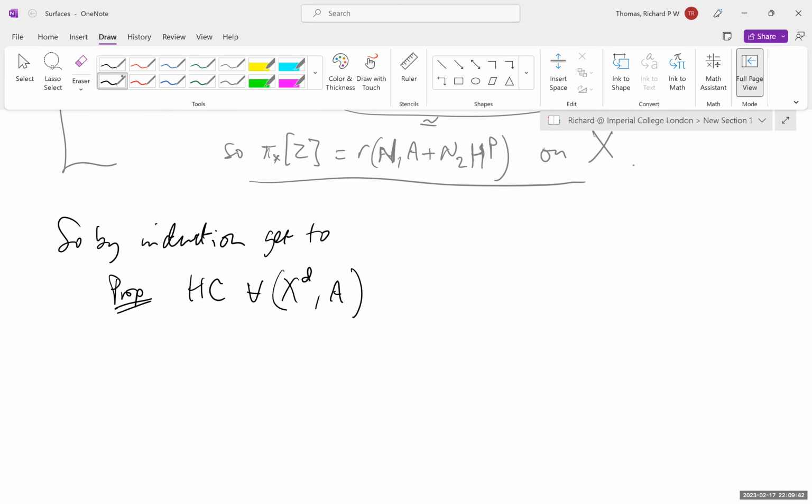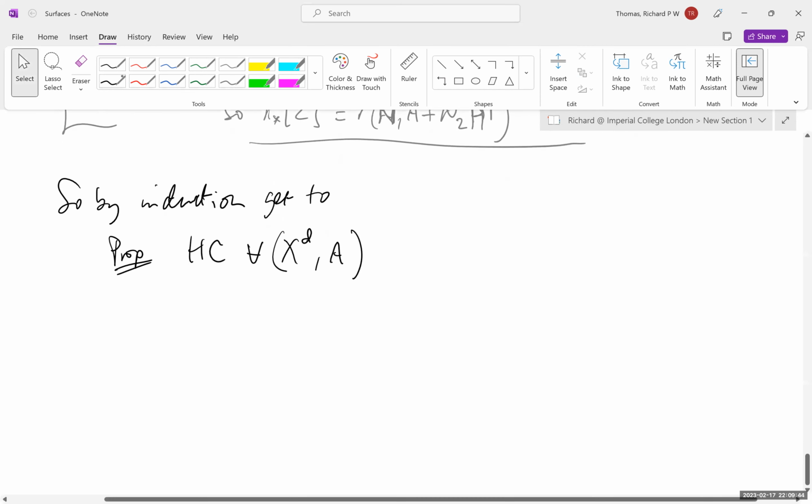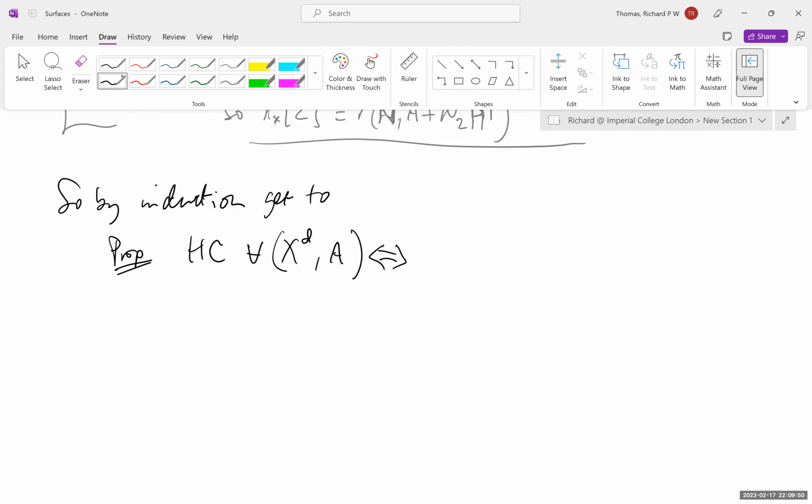This is essentially the first statement in my big theorem, the main theorem at the start, is that proving the Hodge conjecture for any dimension, any class, is equivalent to proving it for all even dimensional varieties and all half-dimensional Hodge classes.